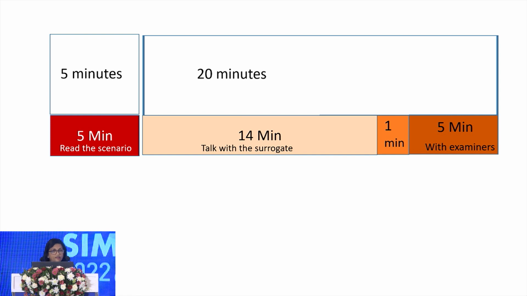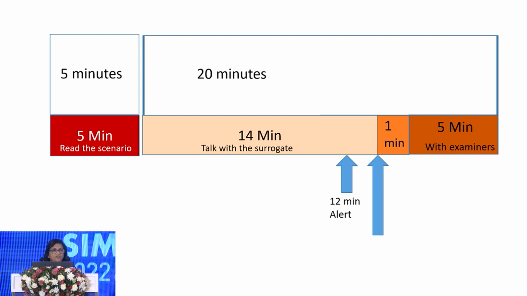On the other side of the exam table, two examiners will be observing the whole procedure. At 12 minutes, one of the examiners will give an alert about the time, that only 2 minutes is left.